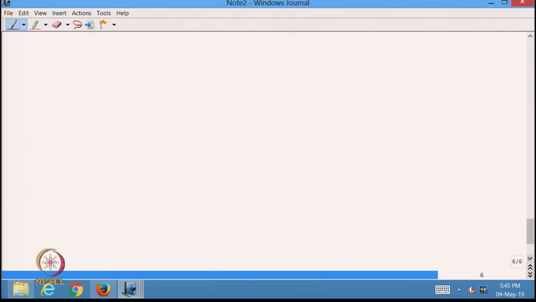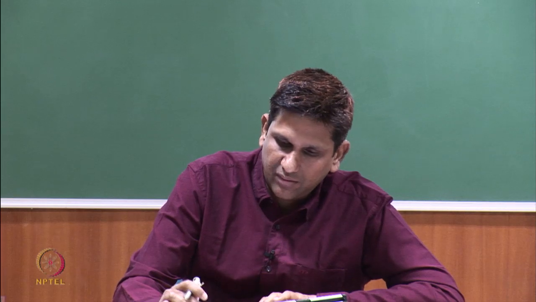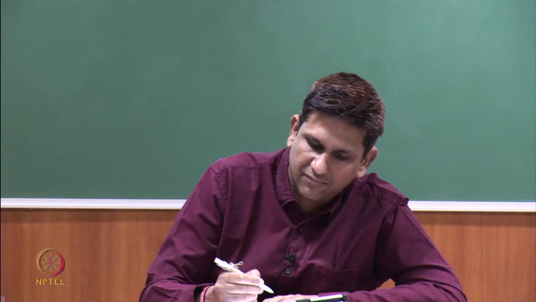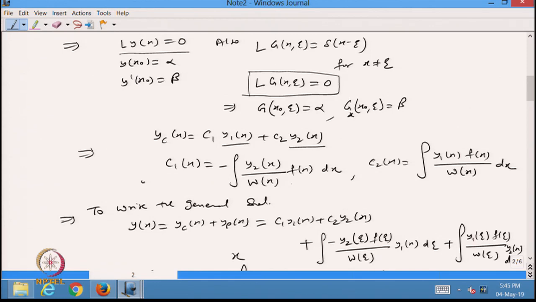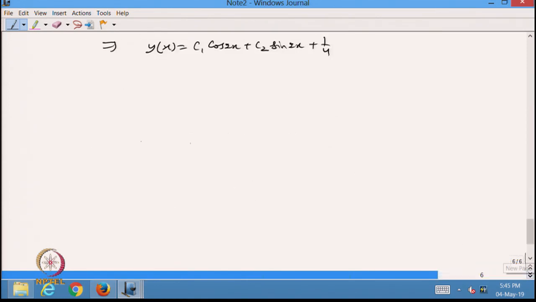So, my general solution will be C1 cos 2x plus C2 sin 2x plus 1 by 4.